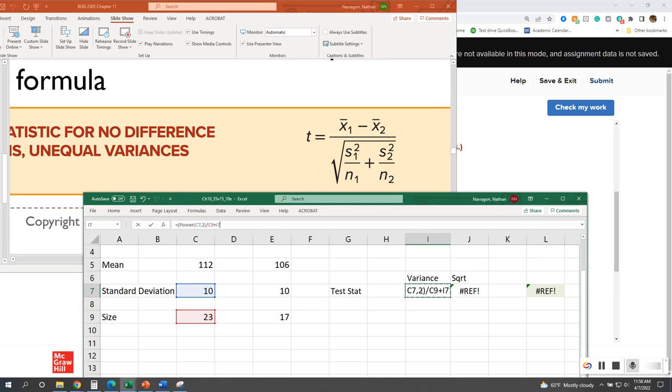oops, to make sure we close the parentheses, and then plus power of our standard deviation 2, comma 2, close the power parentheses, divided by our sample size 2.